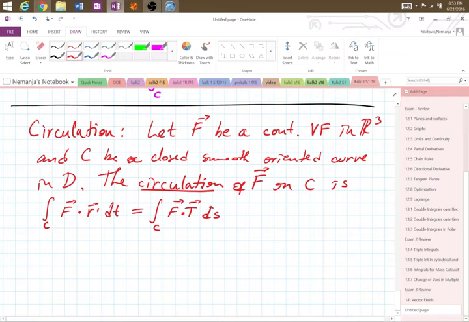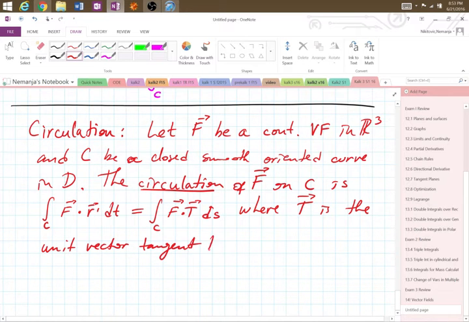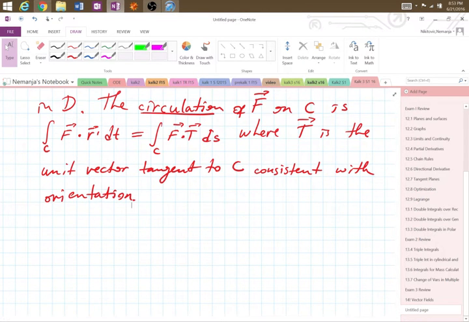So I have all of this, and then we have T, the unit vector tangent to C. I know this is a lot of words, but it should make sense if I draw a picture.